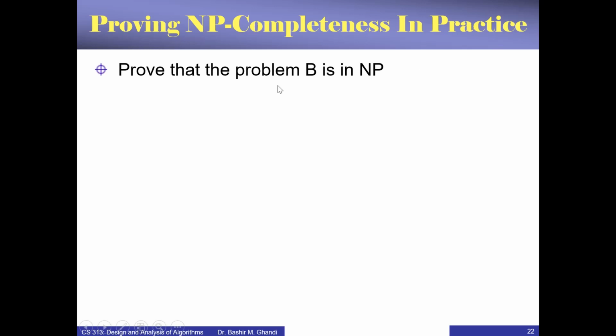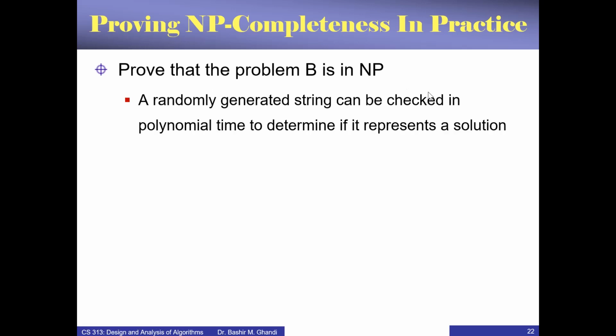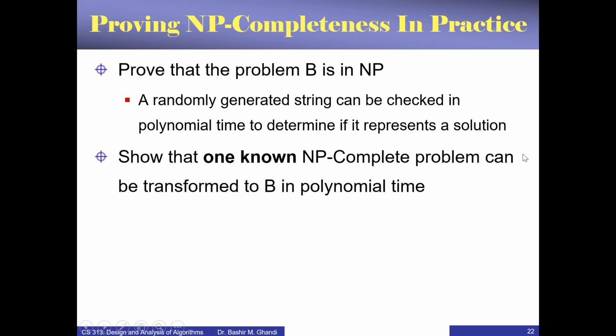So to prove that a problem B is in NP, a randomly generated solution can be checked in polynomial time to determine if it represents a solution. So that is for NP. This is very easy. Now, how about it is NP complete?